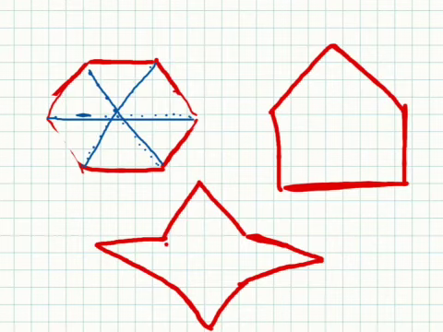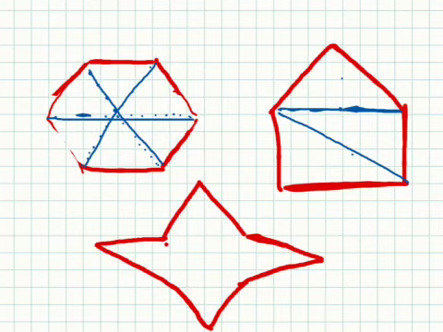Let's look at this one. I could draw a diagonal here, and I could separate this into a triangle and a rectangle. Or I could also draw a diagonal there and separate it into 3 triangles. Or if I wanted to draw a diagonal there, that gives me 5 triangles.